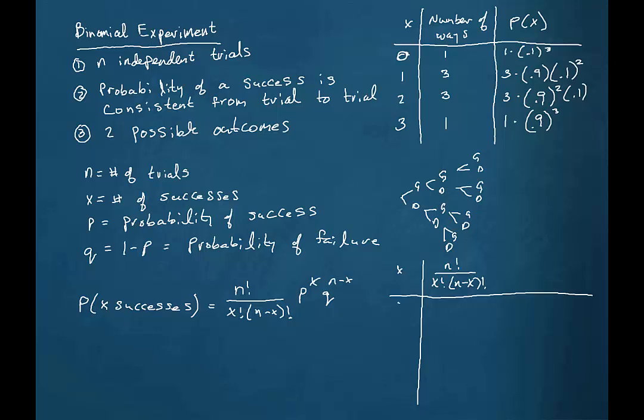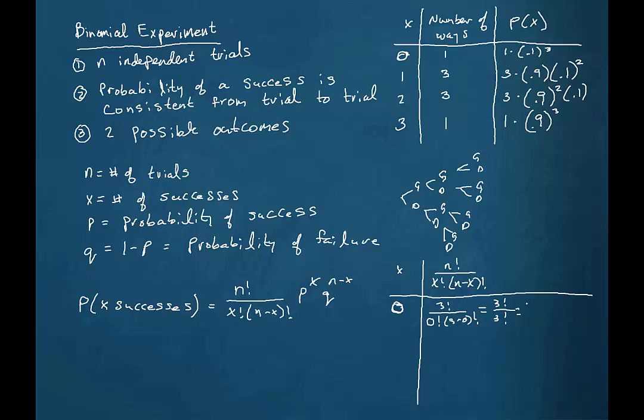So if x is 0, then n factorial over x factorial times n minus x factorial would be 3 factorial. We have 3 trials in that experiment, divided by 0 factorial times 3 minus 0 factorial. So this really just reduces to 3 factorial over 3 factorial, because 0 factorial is 1 and 3 minus 0 is 3.